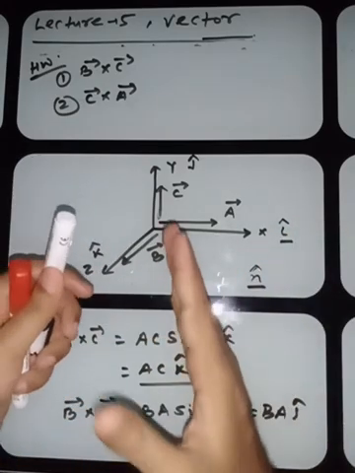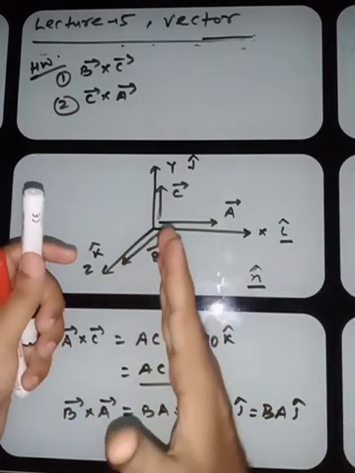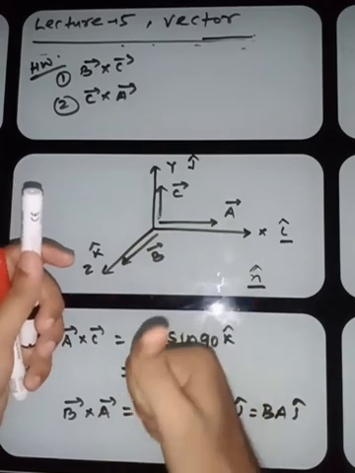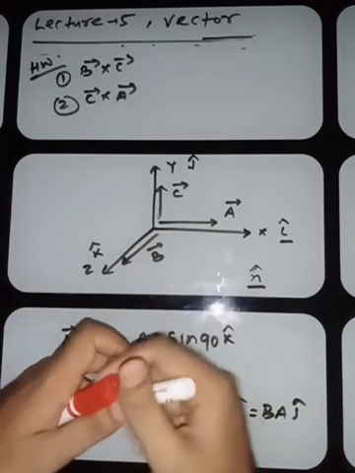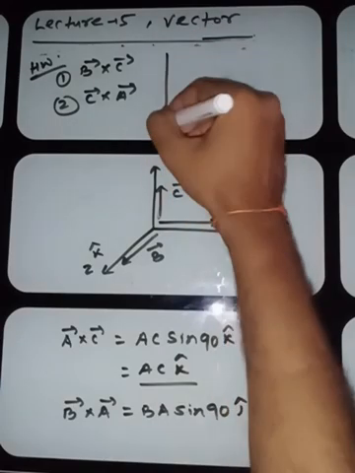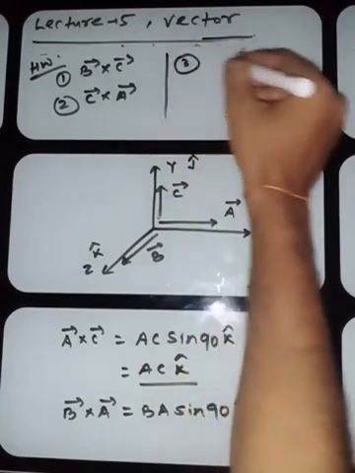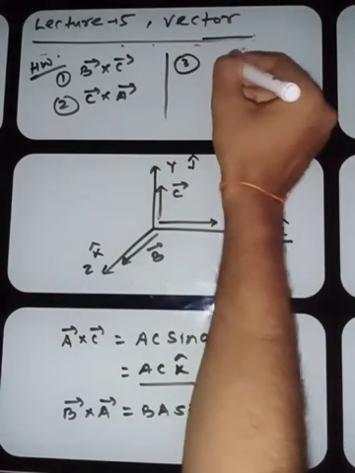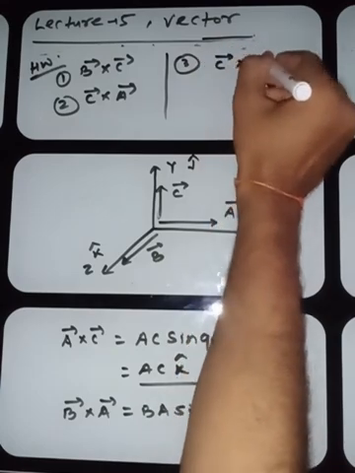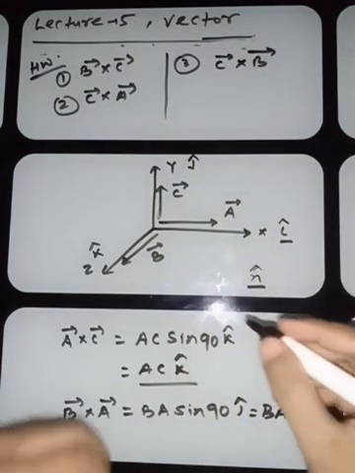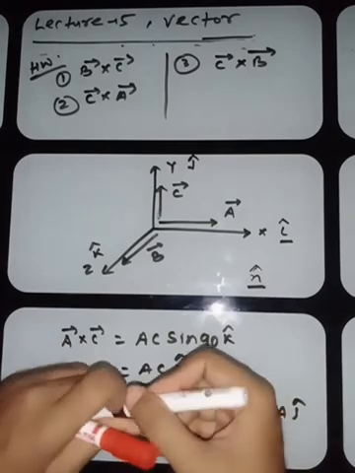You have to do the practice. Use your forefinger, curl it and try to find the exact direction by this thumb. The third one, C cross B. Here the three questions you have to solve by yourself.